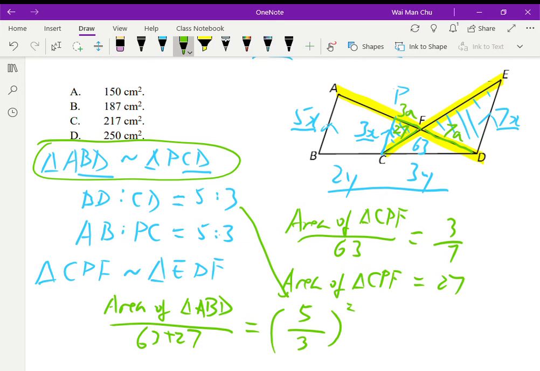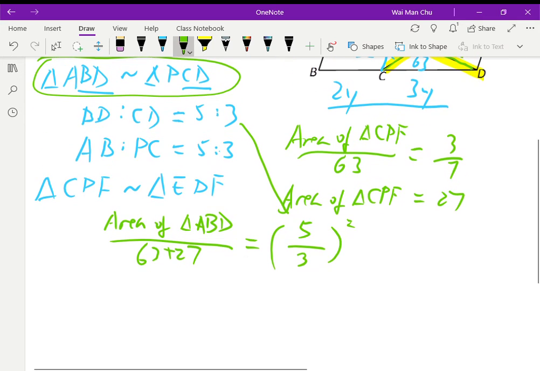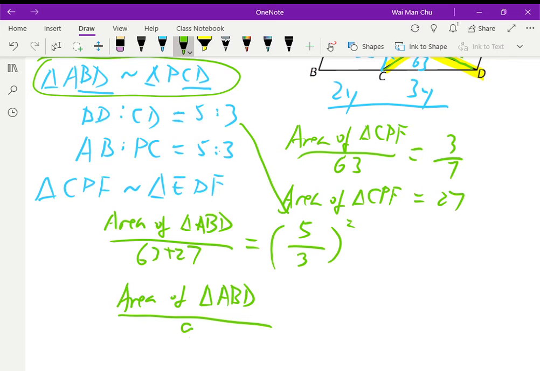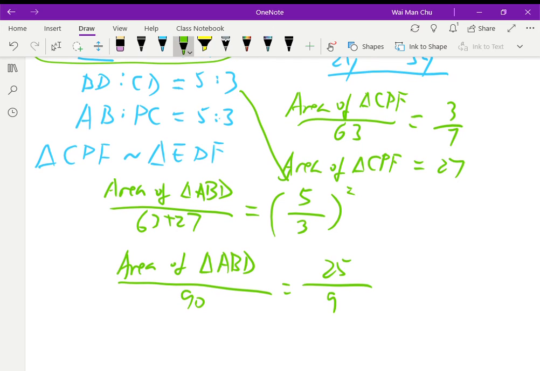Remember how we get 5 to 3? And therefore, the area of the big triangle ABD should be equal to 250 cm square.